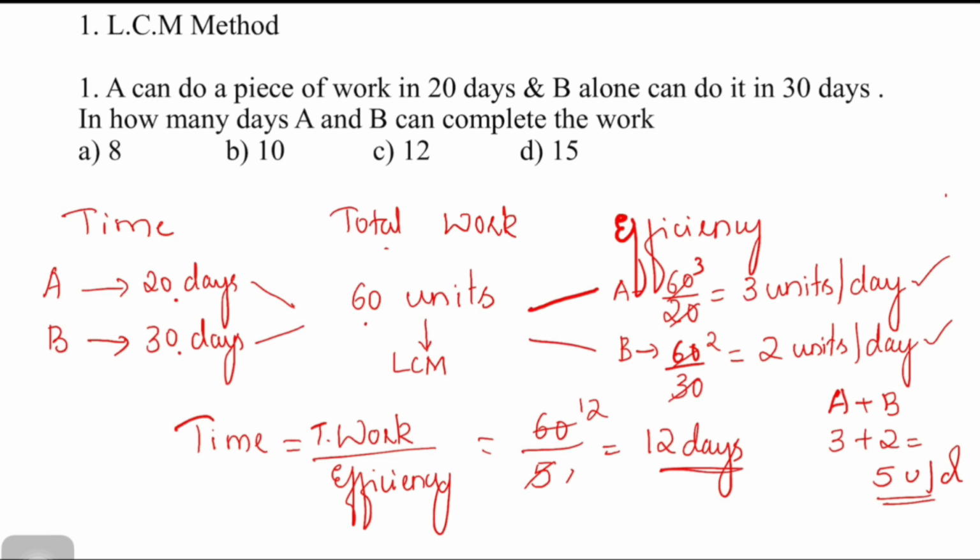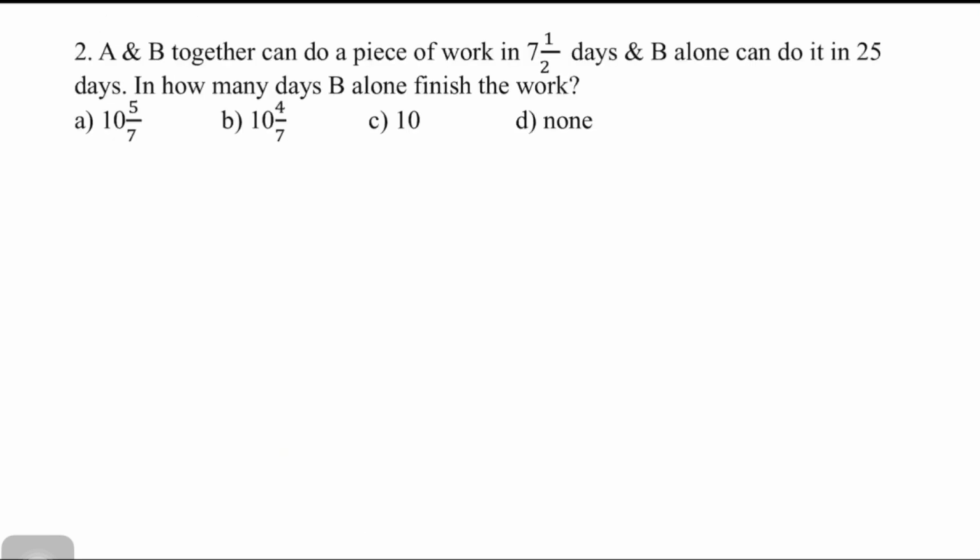Okay, so the next problem. A and B together can do a piece of work in 7.5 days and B alone can do it in 25 days. So in how many days can B alone finish the work? Okay, there is one work.